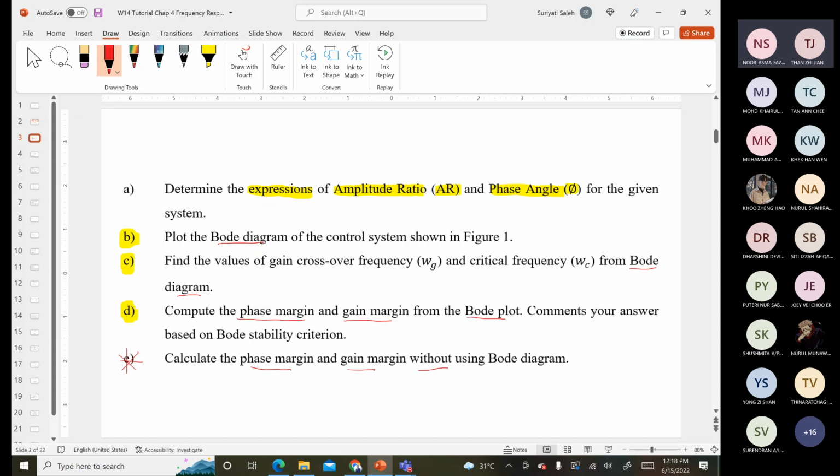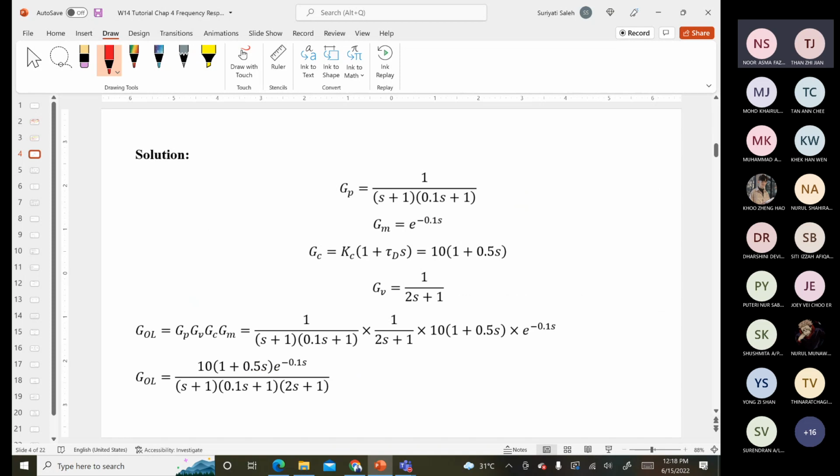We start from A. Based on the transfer function, we have the GP, which is given in our equation, the GM, the GC, and the GV. Normally in the frequency response, we just need to obtain the overall closed loop transfer function. This means we just need to include the GP, the GV, GC, and the GM.